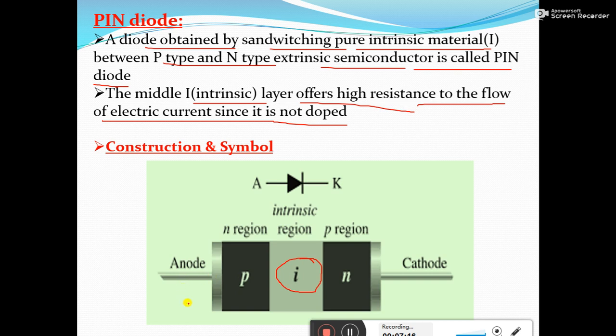If you go on increasing the forward voltage, as we have seen in the forward bias study, the holes in the P region try to move towards the N region, and the electrons in the N region try to move towards the P region. That means the charge carriers move towards the junction, so the depletion layer formed by the intrinsic region is going to decrease.